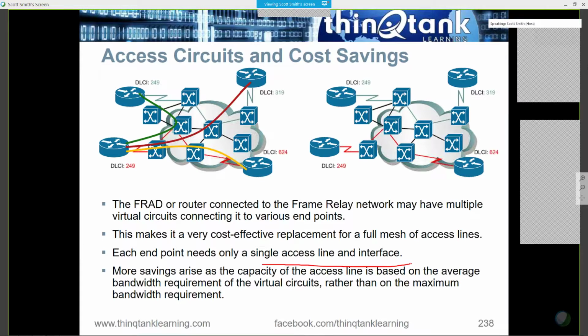That's the thing about frame relay. Because it's basically trunking, it's like router on a stick, essentially. Remember, frame relay is layer 2. So just like a router on a stick, where I can have a router interface with multiple sub-interfaces, I can do the same thing with frame relay.